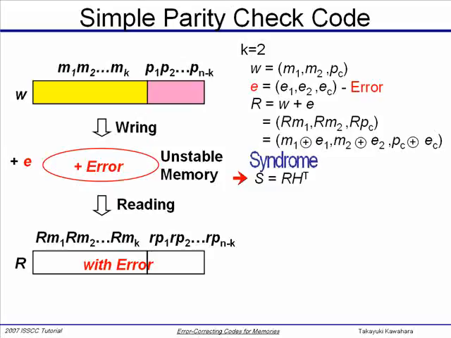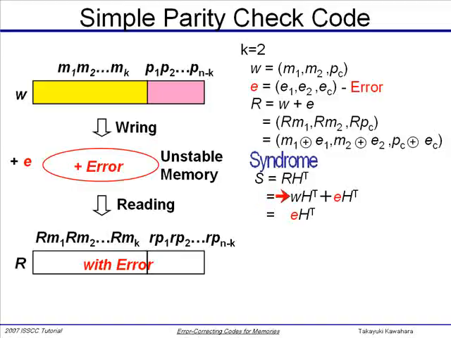In this equation, we can find that R is written as W plus E. And the important thing is the parity check: W times H transpose is 0. That is important. That is the coding.